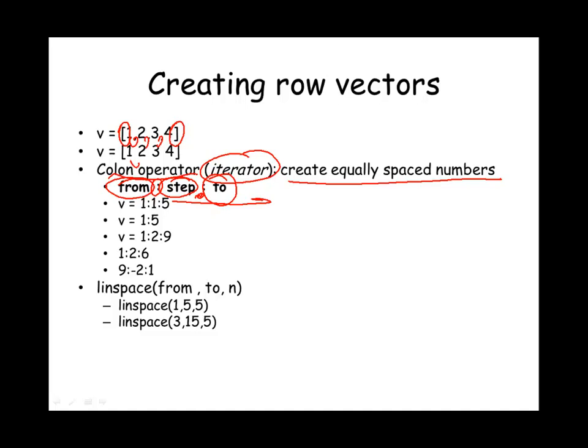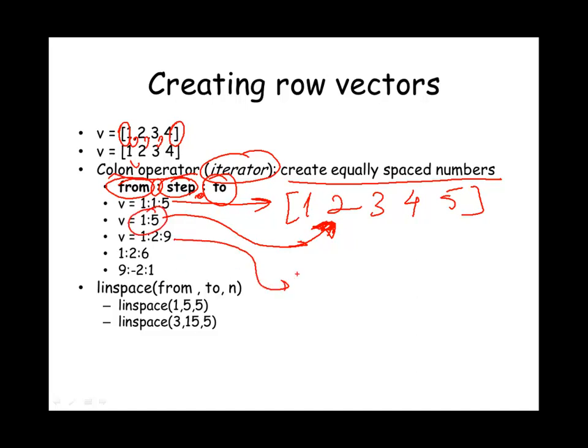In the first example, we are generating numbers from 1 to 5, with a step size of 1, so MATLAB will expand that expression into a row vector that contains numbers from 1 to 5. When the step size is 1, you don't have to write the step size, and MATLAB will expand this expression into the same row vector.